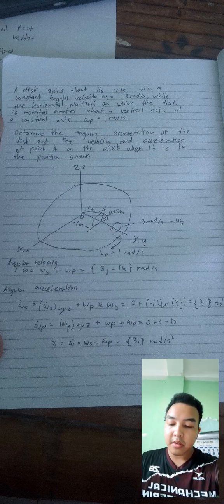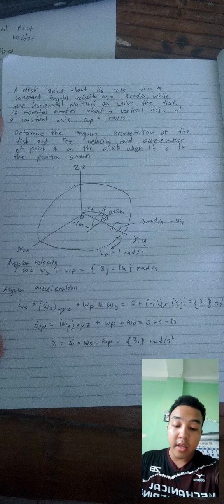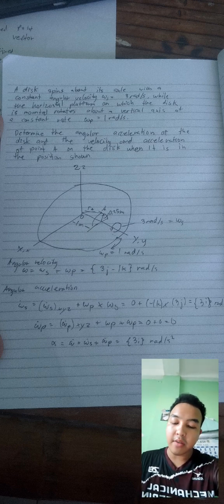So we'll use this equation. The angular velocity is equal to angular velocity sub s plus angular velocity sub p, equals 3j minus 1k radians per second. So this is our angular velocity.